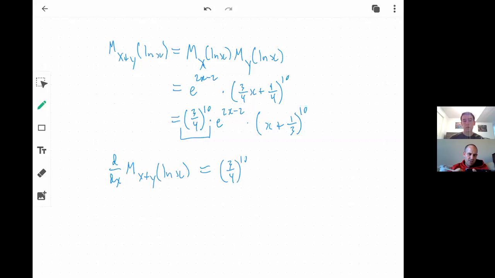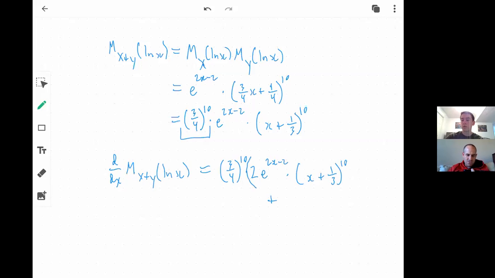to the 10th. Let's do the derivative of the first, which is just 2e to the 2x minus 2, times x plus 1/3 raised to the 10th. And let's put a giant parenthesis around this, right? Because that thing's going to multiply.